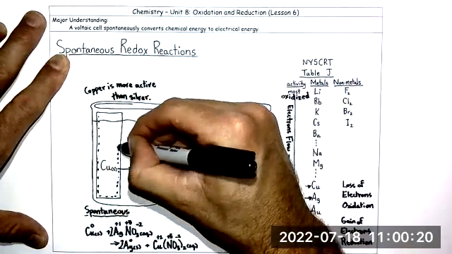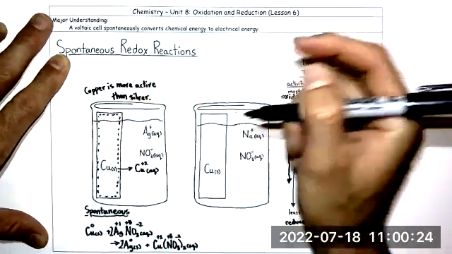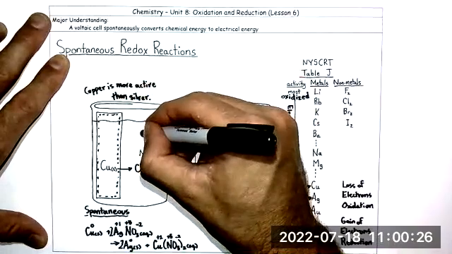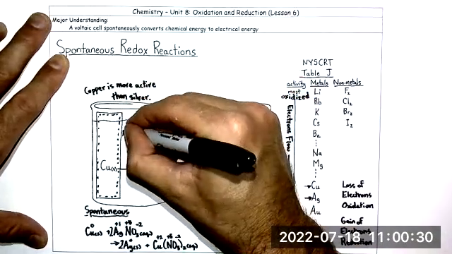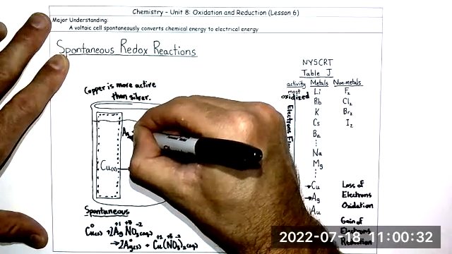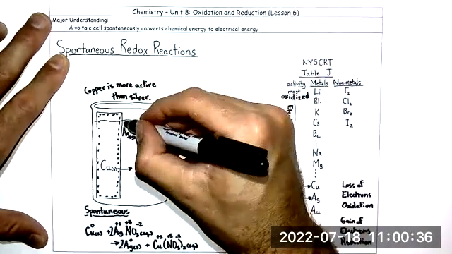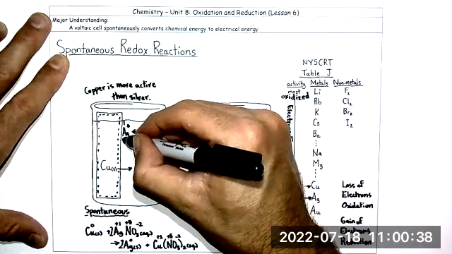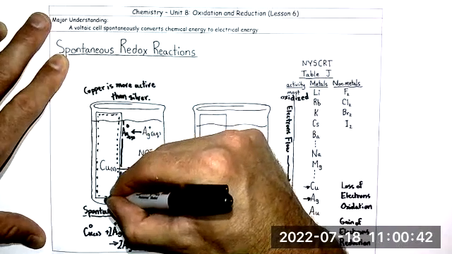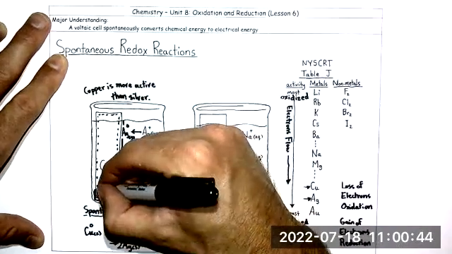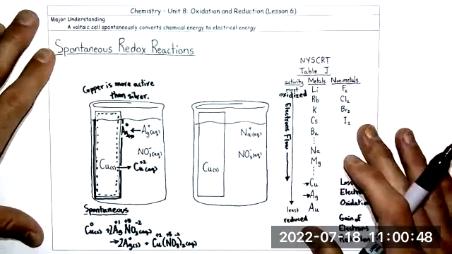Our solid copper metal will be getting smaller. But we'll also have silver aqueous turning into silver solid. Okay. And so because of that, what we'll end up with is a film of silver outside this copper bar.